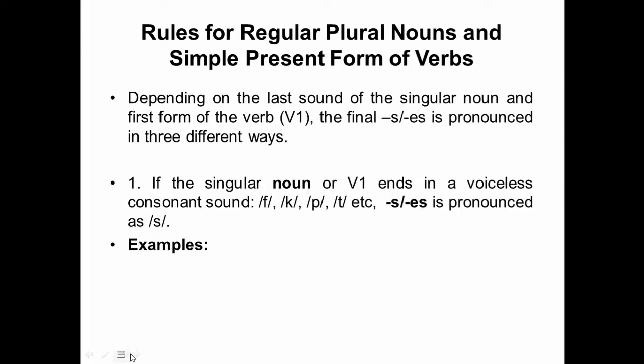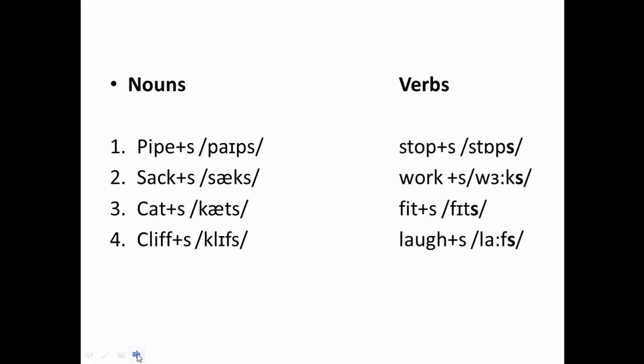Let's see examples to understand this rule. This is the column for nouns, and this is the column for verbs. In nouns, pipe ends in p, then sack, k, t, and f. They all are voiceless sounds. When s is added, in spelling we simply see this s.